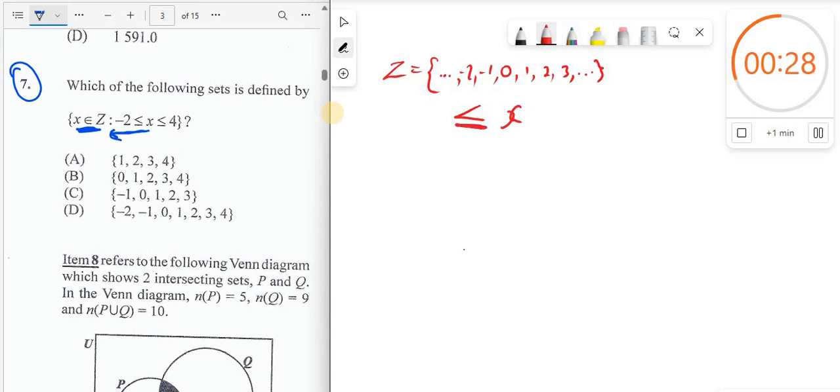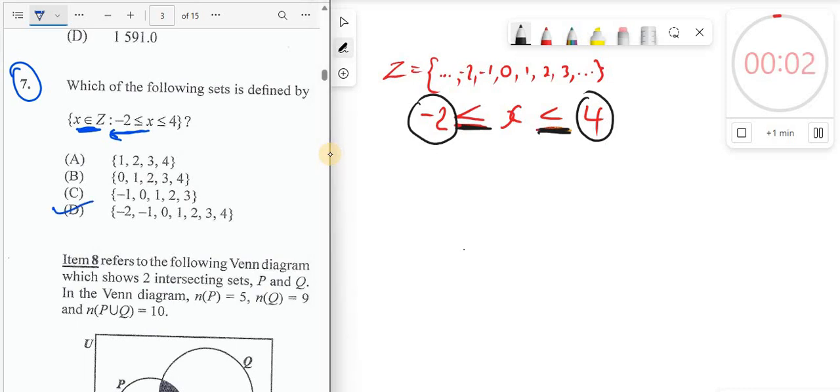This dash underneath implies we're going to include the number -2. And going to the right, this 4, notice that we have the dash underneath, means we're going to include 4. So because we have a dash underneath both inequality symbols, we're going to include the numbers -2 and 4. And the only option that has that is D.